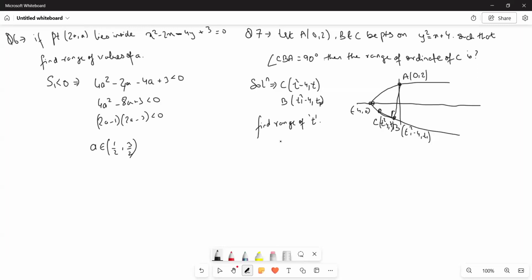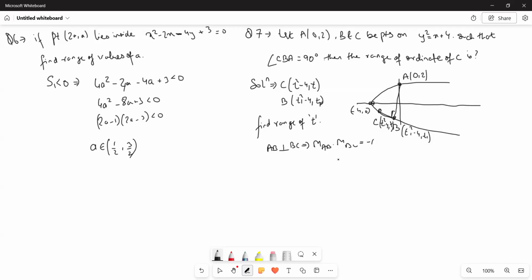Again, the method: if angle BCA is 90 degrees, what will that imply? AB is perpendicular to BC, so the slope of AB times the slope of BC must be −1. Just plug in the values.